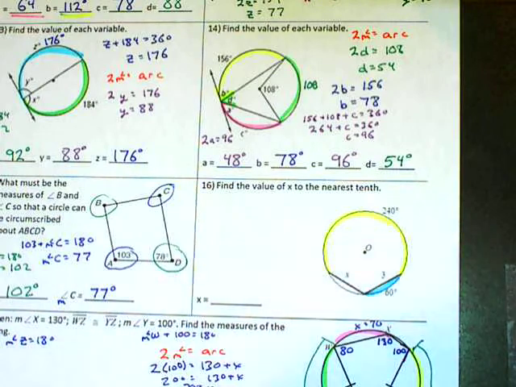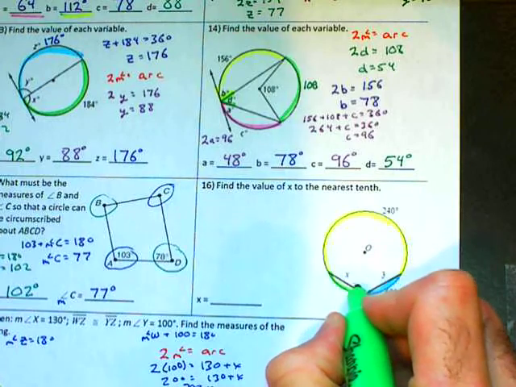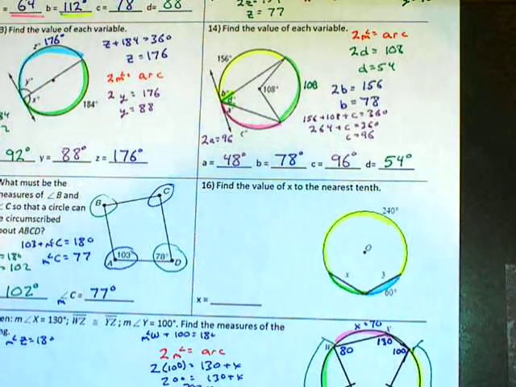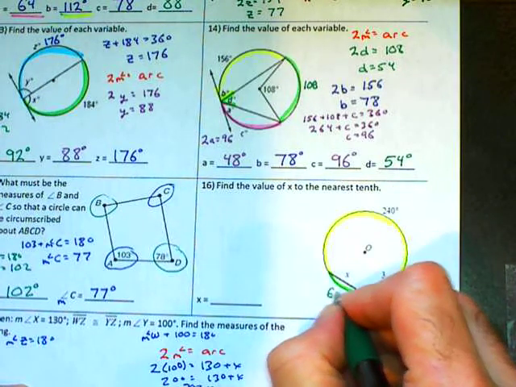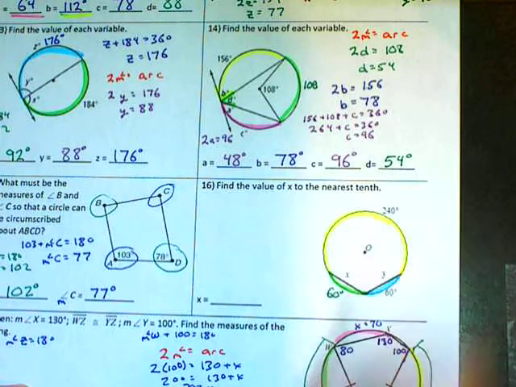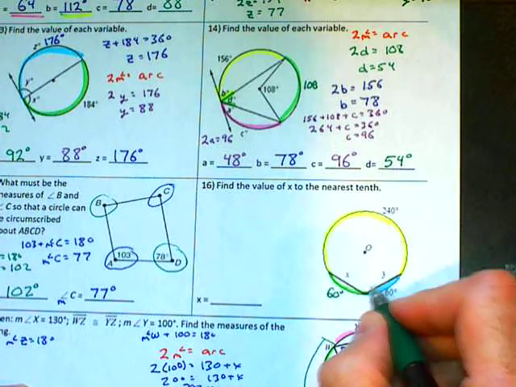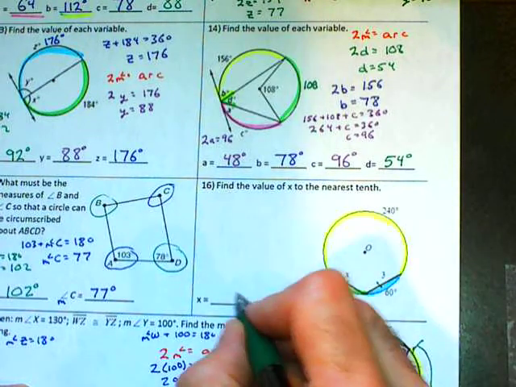That would give us this last arc that's left to make up the full circle, has to also be 60 degrees. Now if that's 60 degrees, and this is 60 degrees because the whole thing equals 360, that makes these two chords also equal to each other, which makes x equal to 3.